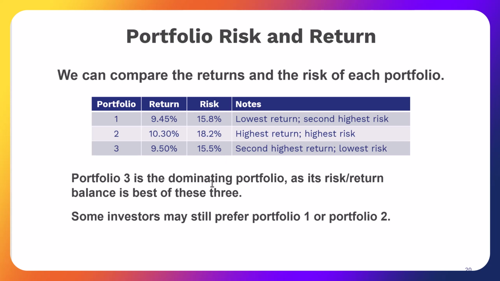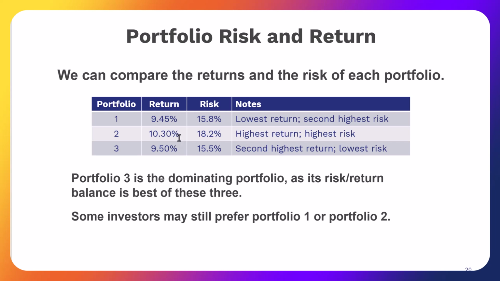So what we would say here is that 3 is probably the better portfolio. Certainly it's better than 1 because it has a higher rate of return and it has a lower level of risk.